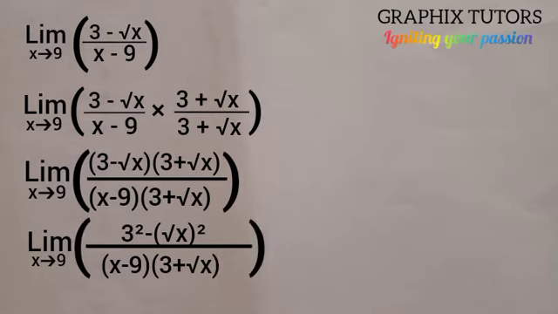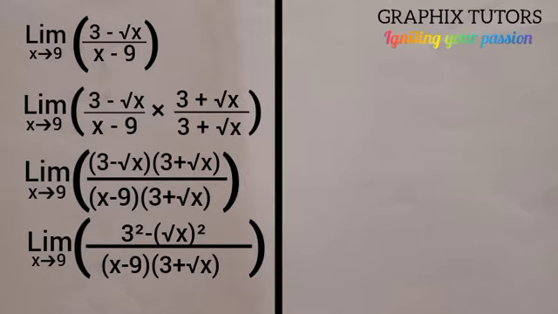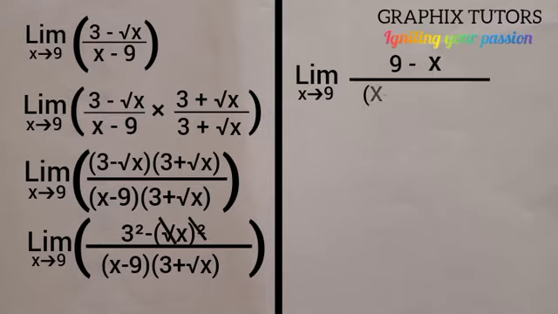Now, if you look at the numerator, we'll have 3 squared, which is 9, minus root x squared; the square will cancel the root, and we are left with x, all divided by (x minus 9) in brackets, multiplied by (3 plus root x) in brackets, right?